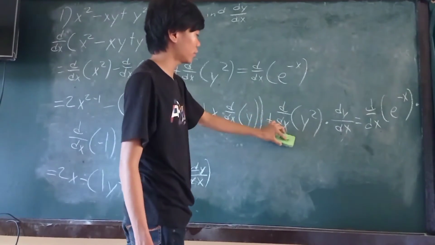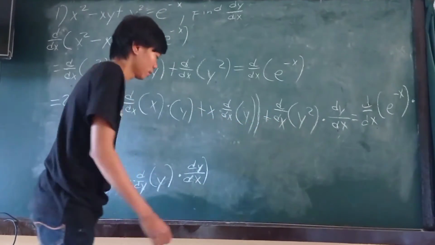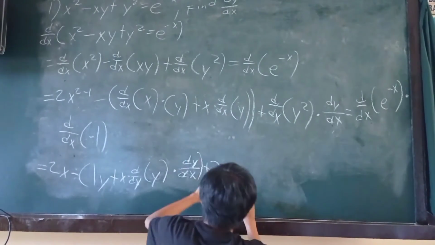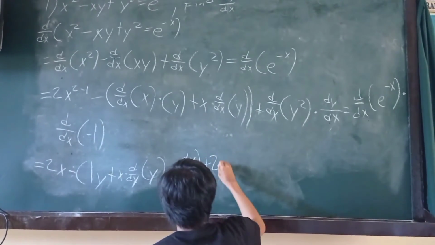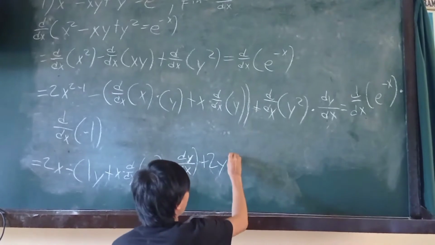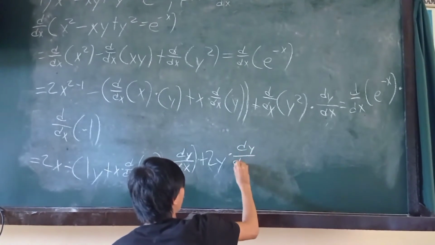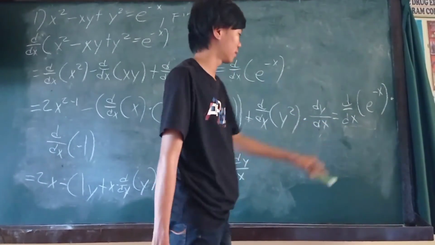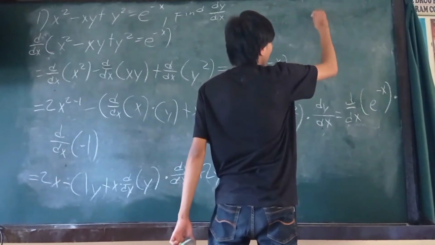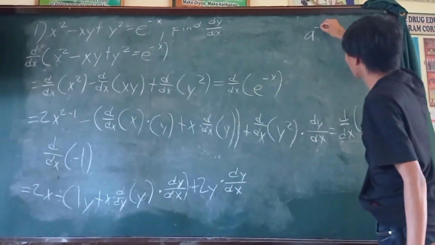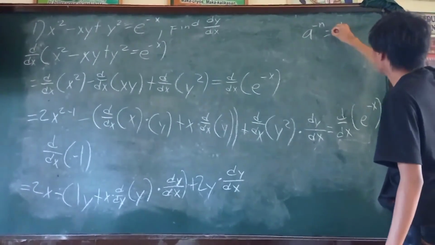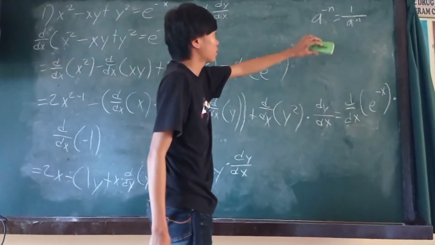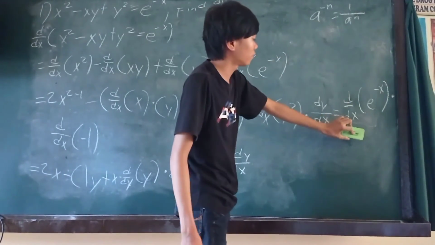For this term we use the power rule. So plus 2y times dy over dx. For this one we use the rule of negative exponent, which is a raised to negative n is equals to 1 over a raised to n. So this is the formula that we use for this problem.